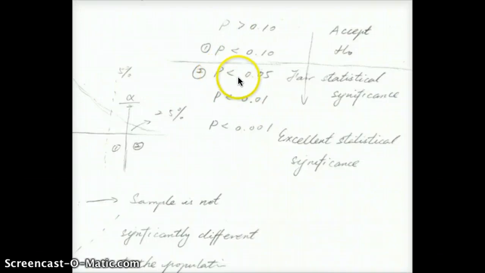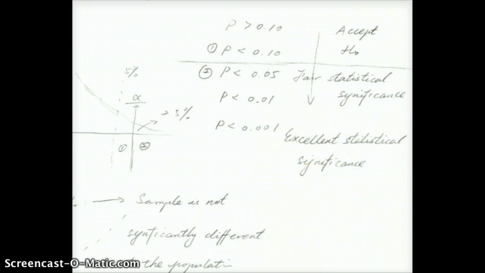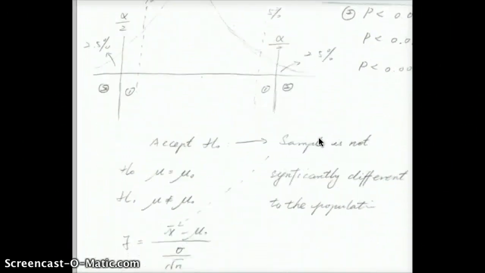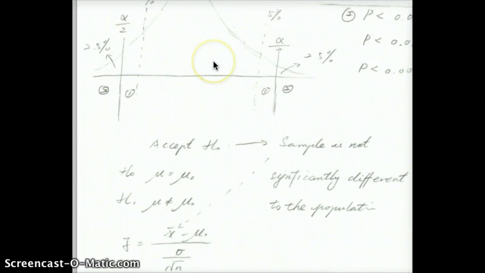Actually, if the p-value is just smaller than 0.05 but bigger than 0.01, we call it fair statistical significance. If the p-value is smaller than 0.001, we call it excellent statistical significance. So what is the meaning when the p-value is in this area?